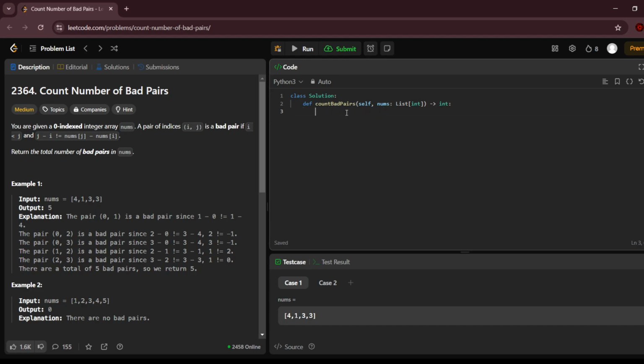So if you reframe nums in this way and just check the count of the same values. For example, if we reframe the nums array in the first example in that format, it would be 4, 0, that's going to be 3 minus 2, 1 and 0.